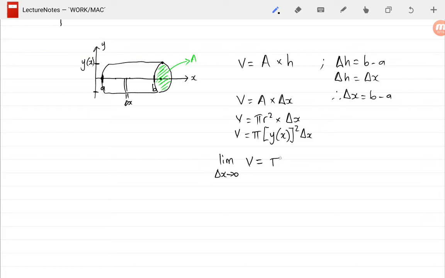So we're going to have pi times the integral of y of x all squared, and our differential is going to be dx now. So small change in x became dx. And since we want to maintain that we are integrating from a to b, then we're going to change from a to b.